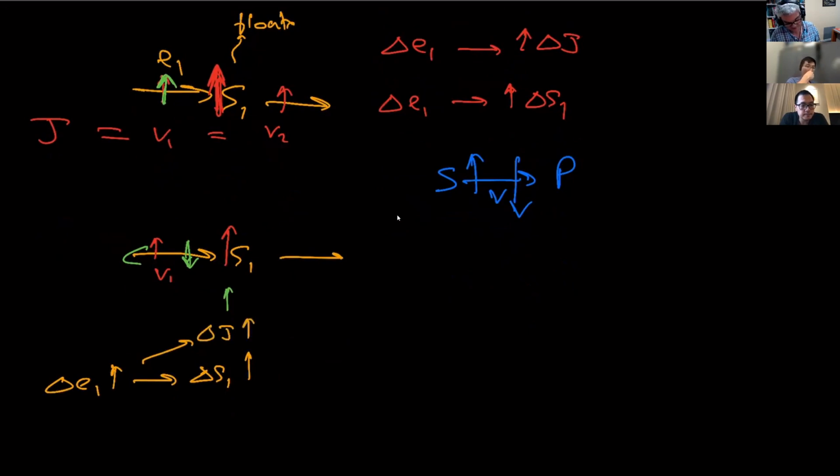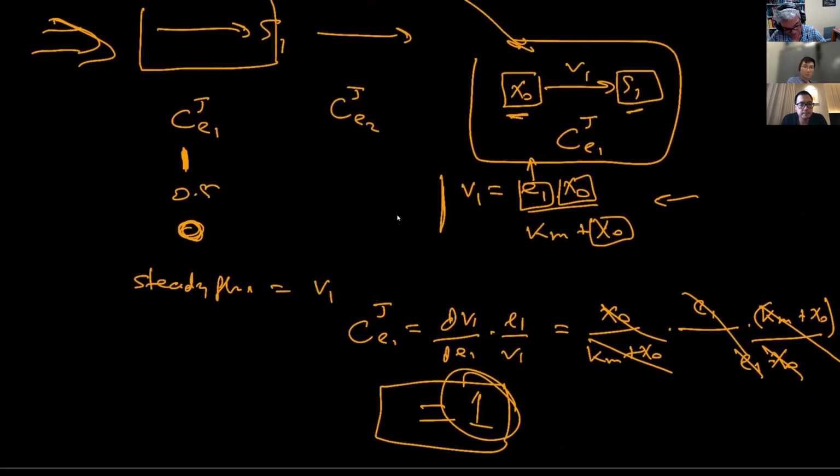But the delta S1 going up results in delta J going back down again. Now this is less than this one though. So it still goes up a bit, but not as much as you thought it would. That's why the control coefficient is always less than 1.